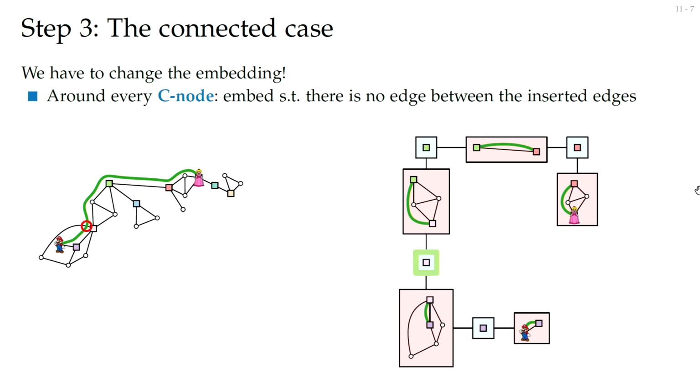So we want to change the embedding of this whole block here. What should we do? Any suggestions? It's still connected, yes. We've already kind of fixed our embedding using the 2 connected case, but there's one thing we can still do to make it better.